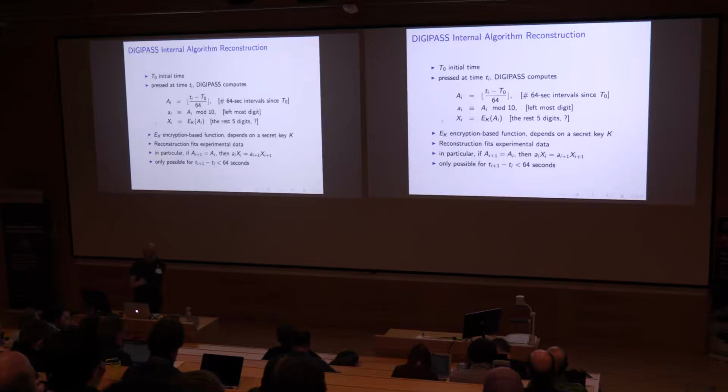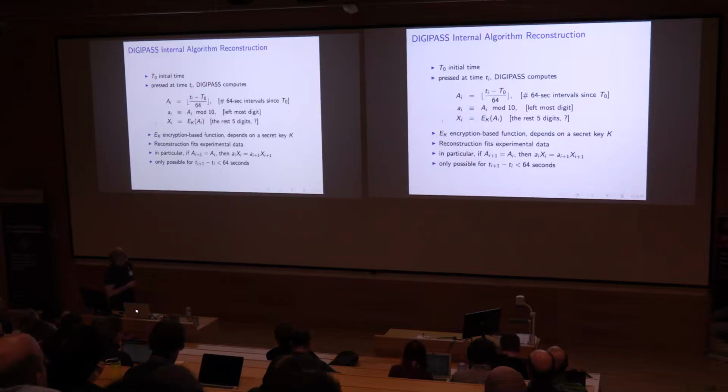Now, actually, in my paper, I got more data, and based on analysis of this data, besides those data shown on the slides, I got the following reconstruction of the algorithm behind this DIGIPASS. I think there should be some initial time which is the same for the token and the server. It's denoted by T0.